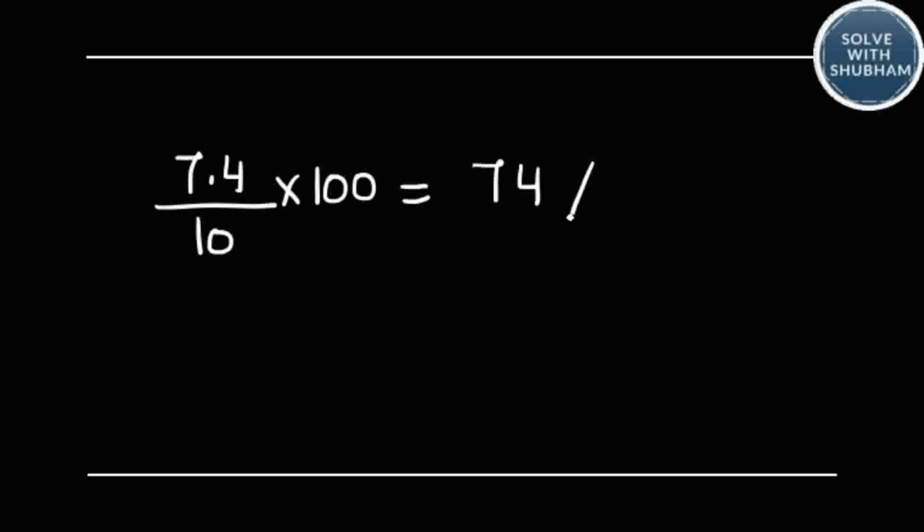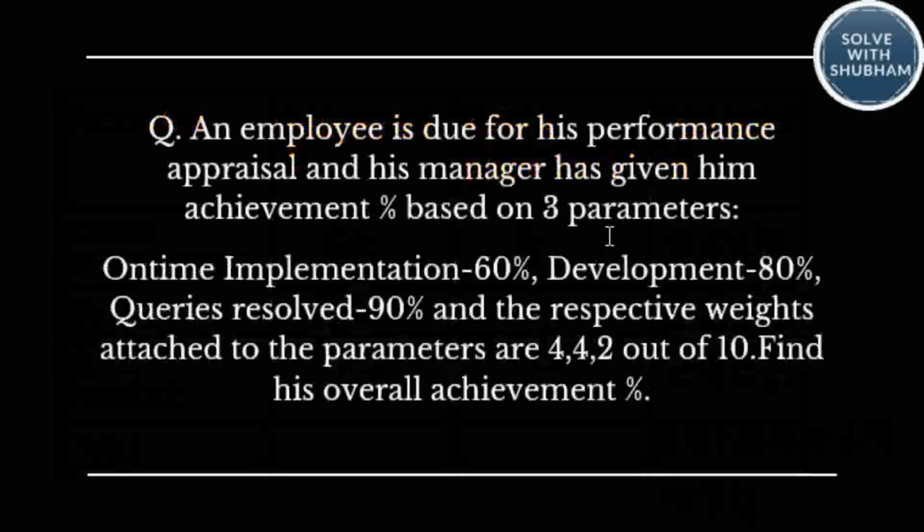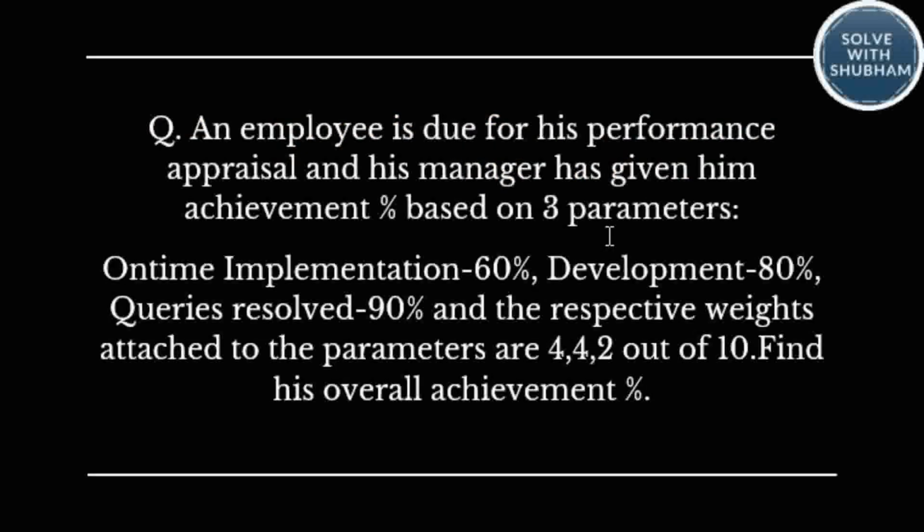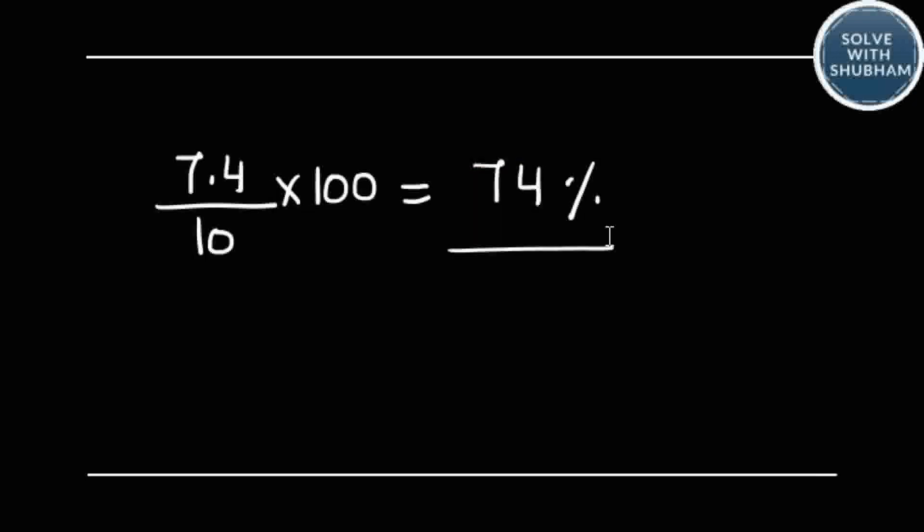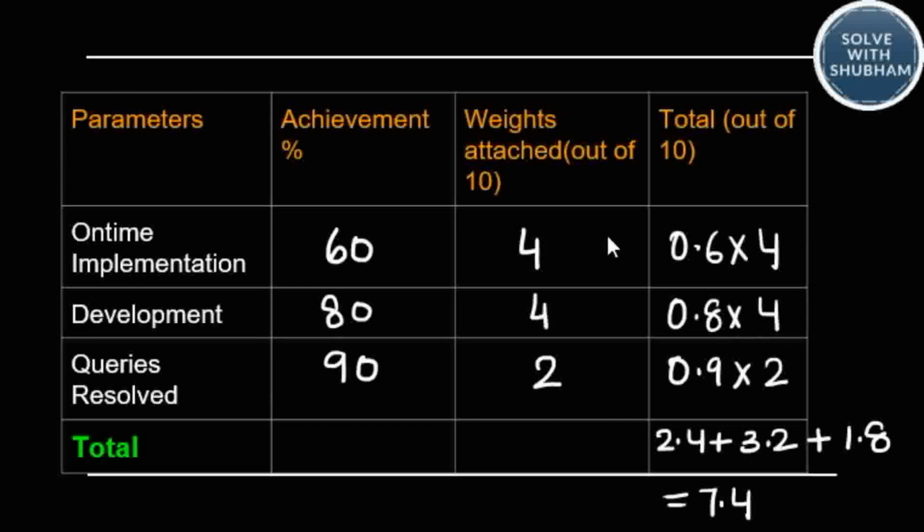It means his overall achievement percentage would be 74%. So this answer would be 74%. For these kinds of questions, it is always good to make a small table so that the data is very clear to us and then we arrive at the conclusion.